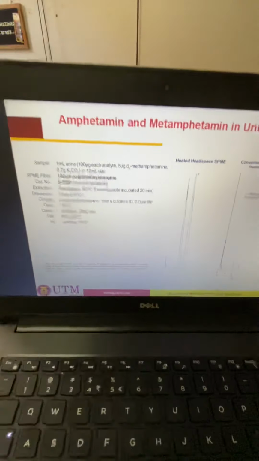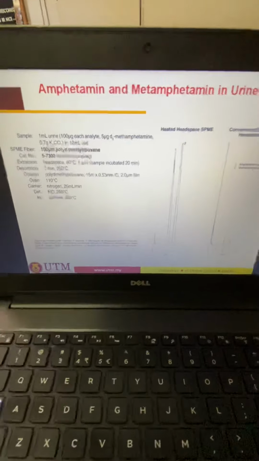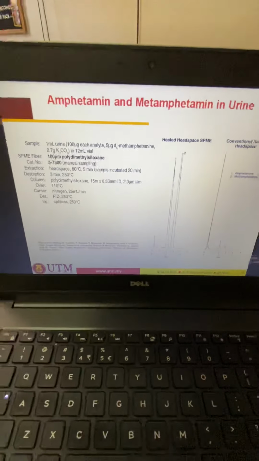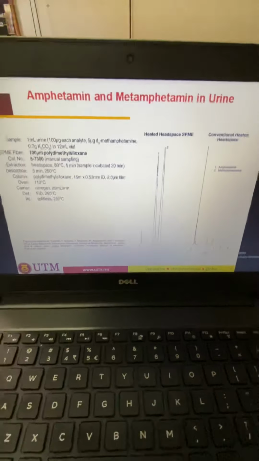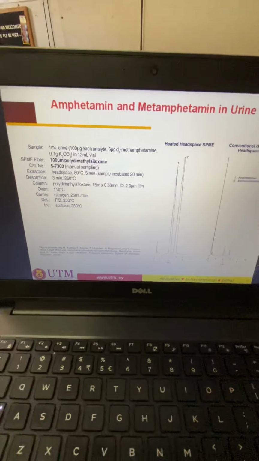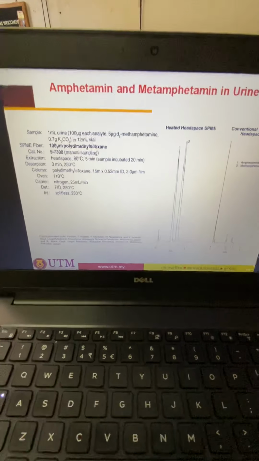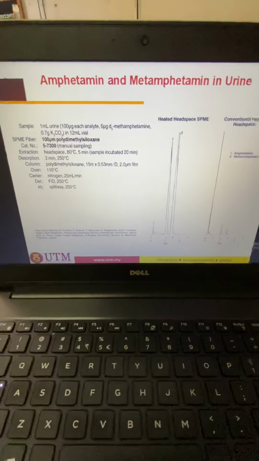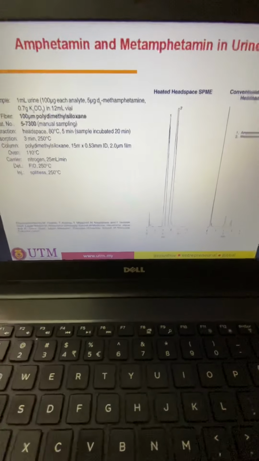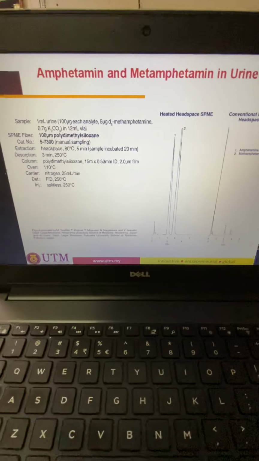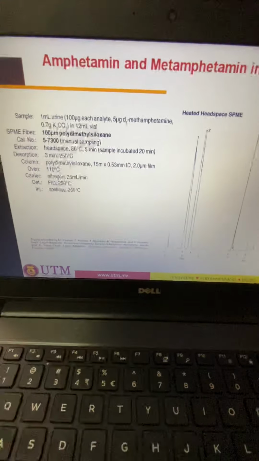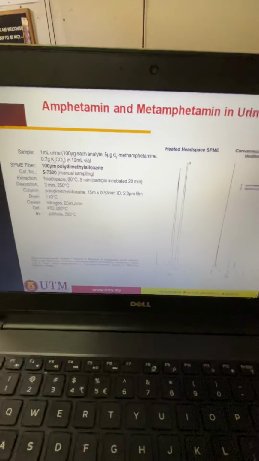Another one, my favorite analyte example: amphetamine and methamphetamine in urine. The SPME fiber is actually non-polar. So do you still remember how to make sure amphetamine is neutral during this extraction?